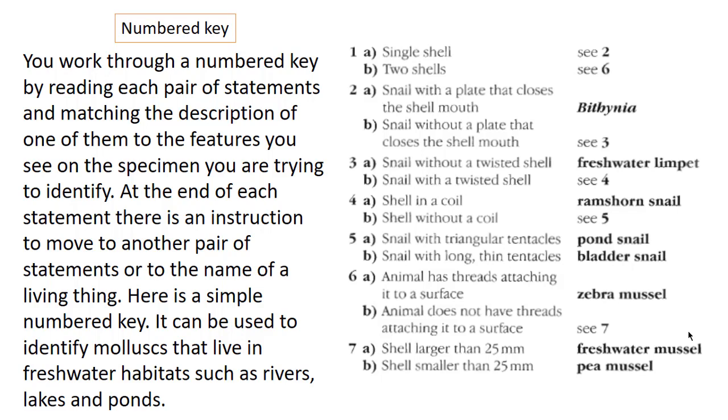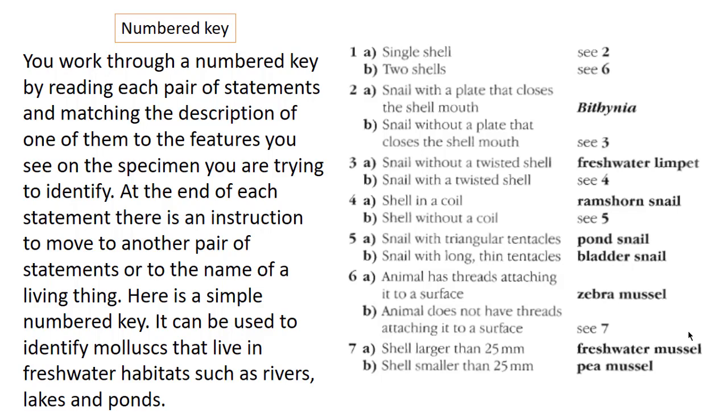That's a ramshorn snail. If it's not a coil, you go to number 5. It's a snail with triangular tentacles; that's a pond snail. Or if it's not a pond snail, it's a snail with long thin tentacles, and that's a bladder snail.